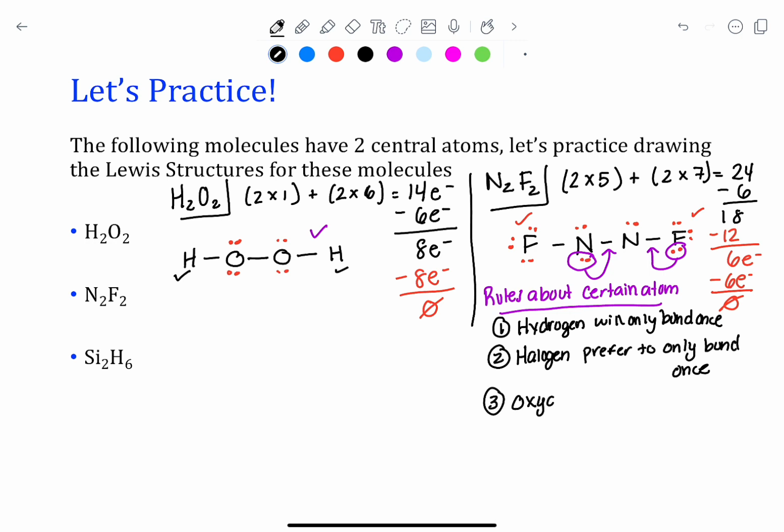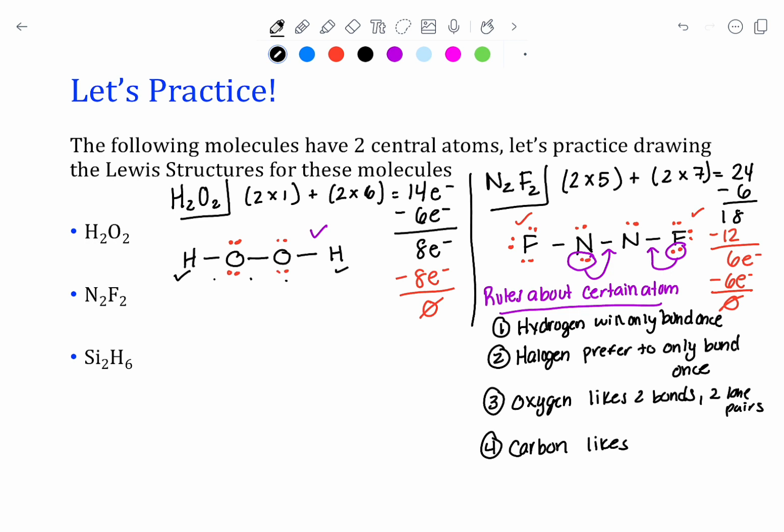Oxygen likes 2 bonds and 2 lone pairs, which we may have been seeing as we have been drawing structures with oxygens. Okay, it has 2 bonds and 2 lone pairs. And carbon likes 4 bonds, no lone pairs.